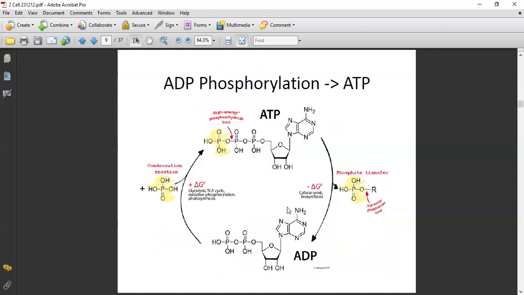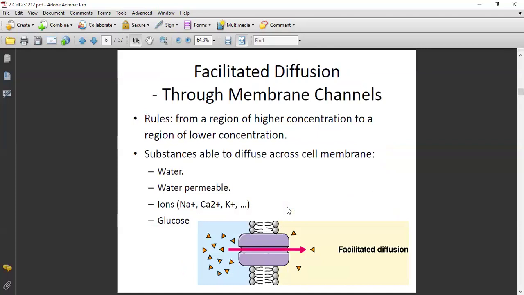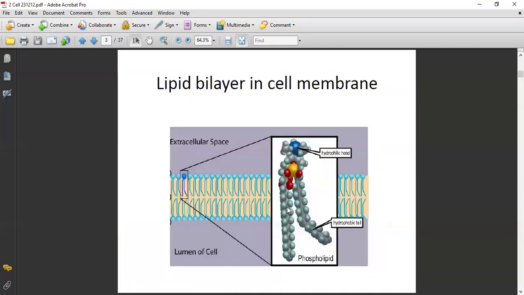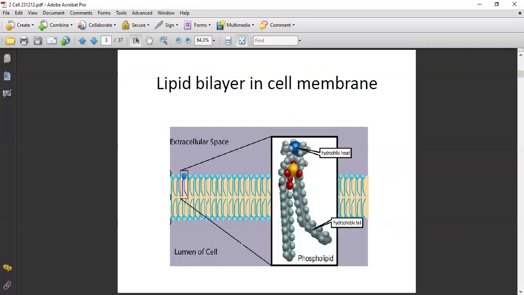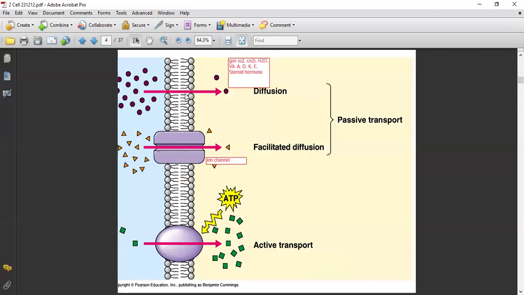So let's go back to here. This is a membrane, right? What is its component? It's phospholipid. It's a lipid. And this membrane has different transport mechanisms. You have simple diffusion, you have facilitated diffusion, you have active transport. For simple diffusion, you don't need anything attached to it.